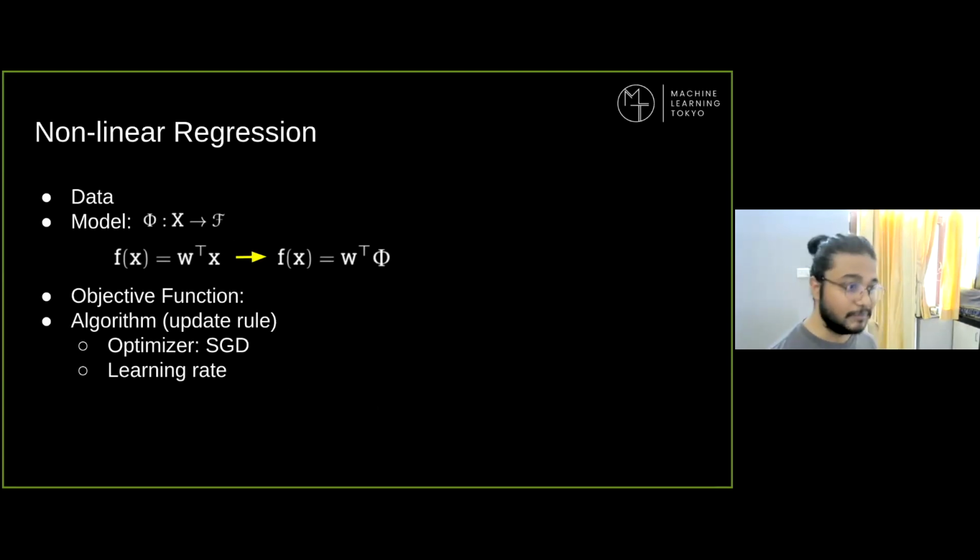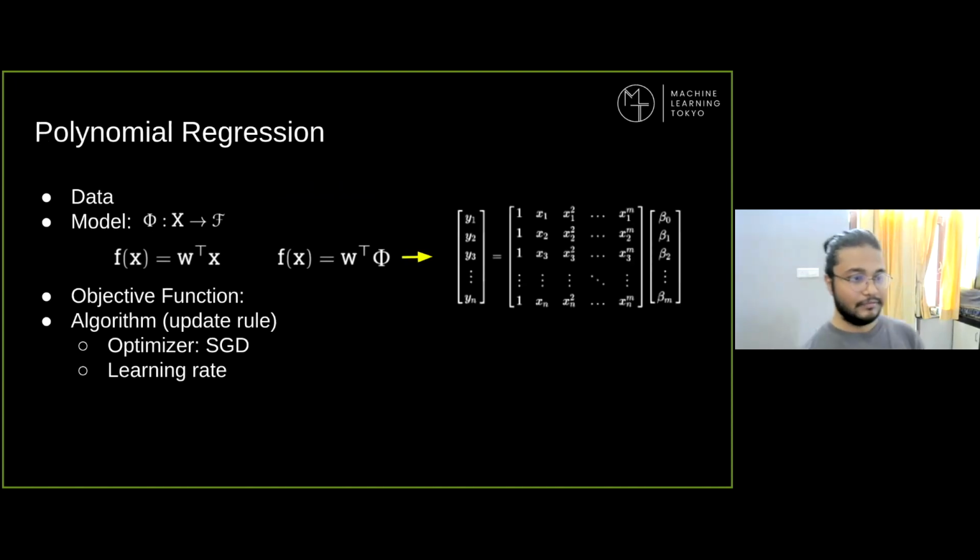So the simplest way to do that is to use something called a basis function. And the most popular basis function is the polynomial basis function. So as you can see in polynomial regression, what we do is we basically create a matrix in which each column represents a particular degree of polynomial. Like for example, if we have x, then the other one is going to be x square and x cube, and so on and so forth, right?